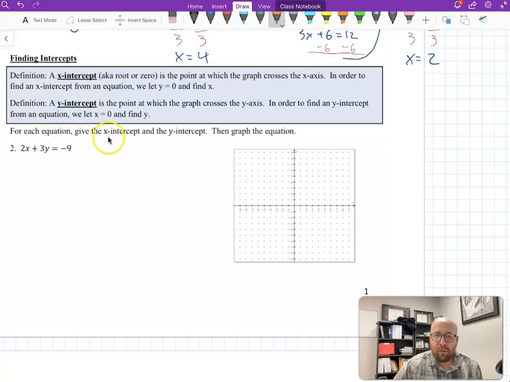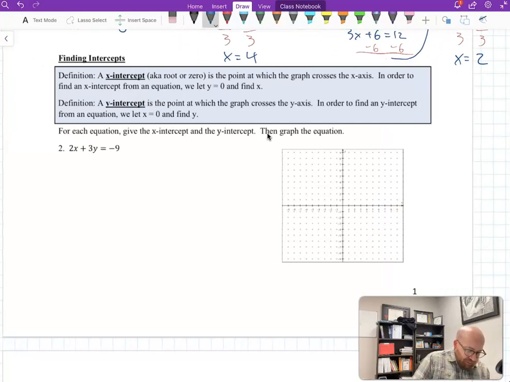For each equation, give the x- and the y-intercept and then graph the equation. So we have the equation 2x plus 3y equals negative 9. If I want to find the x-intercept, we are going to let y equal 0. So we have 2x plus 3 times 0 equals negative 9.